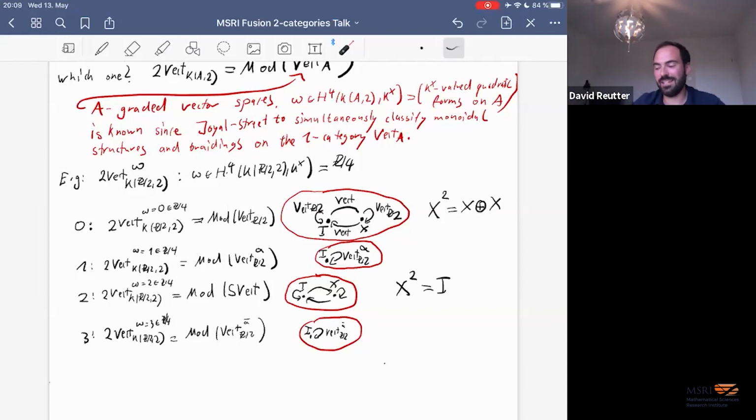sketchily, of course, what you would expect is that if you have a Hopf category whose underlying one category is simple, then if you take its modules, you'd get a fusion 2 category, or multi-fusion 2 category at least. It shouldn't be actually a fusion 2 category. That should be, depending on the axioms.